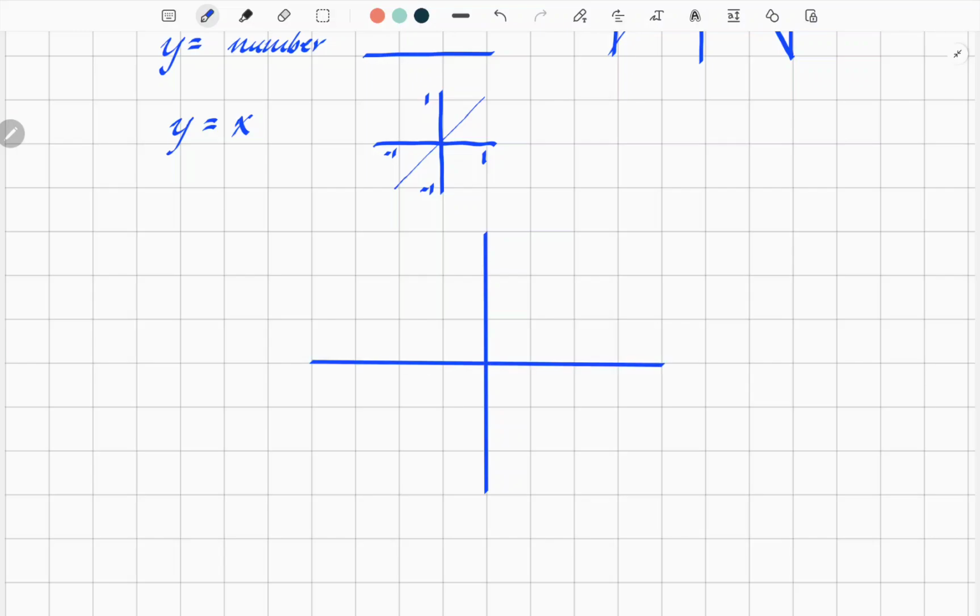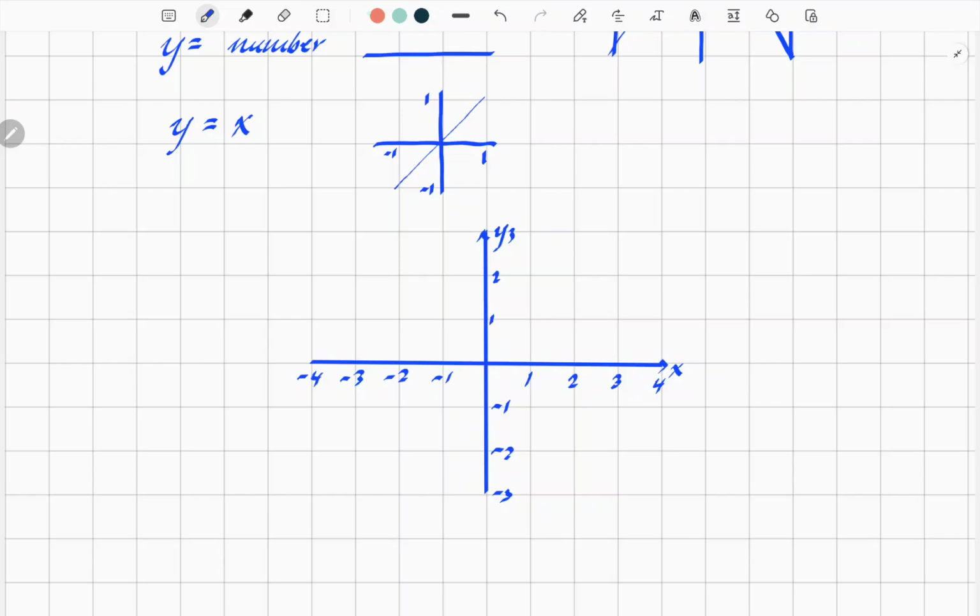So that's your y-axis, that's your x-axis as always, and the numbers are 1, 2, 3, 4, etc. And minus 1, minus 2, minus 3, etc. You're familiar with that, all right?